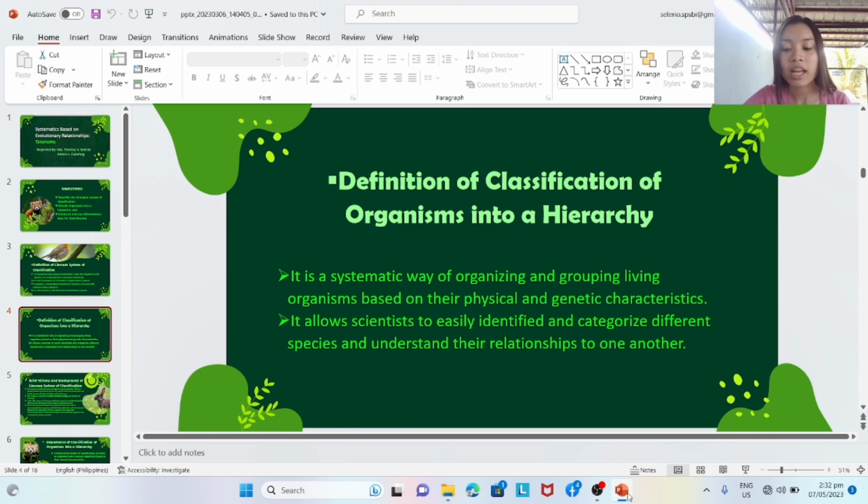Scientists can also effectively organize and study the vast diversity of life on Earth. This classification also helps them identify similarities and differences between species and provides valuable insights into evolutionary relationships and biological diversity.